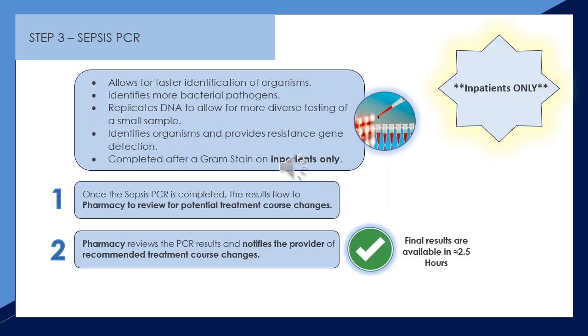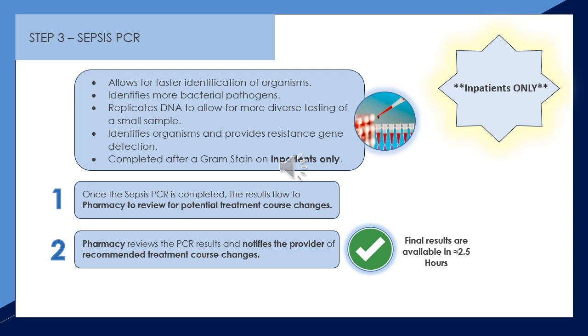Step 3 in the blood culture process consists of the sepsis PCR. The sepsis PCR allows for faster identification of organisms, identifies more bacterial pathogens, replicates DNA to allow for more diverse testing of a small sample, identifies organisms and provides resistance gene detection, and is completed after a gram stain on inpatients only.